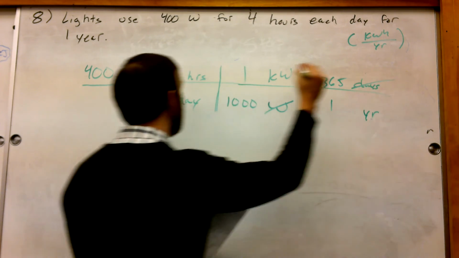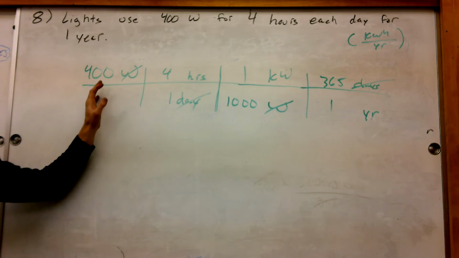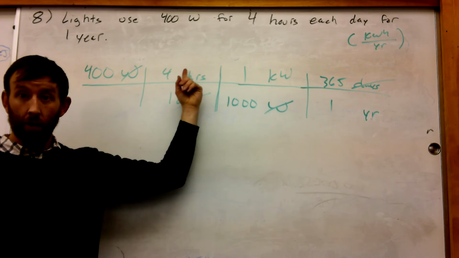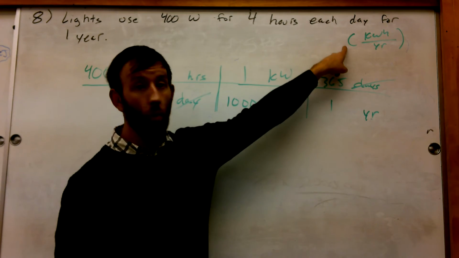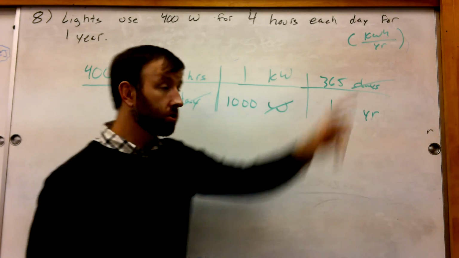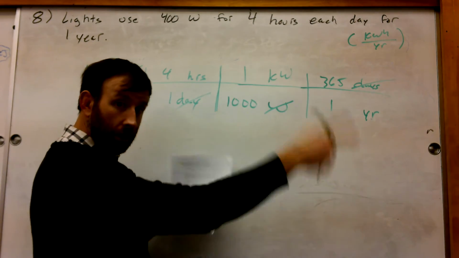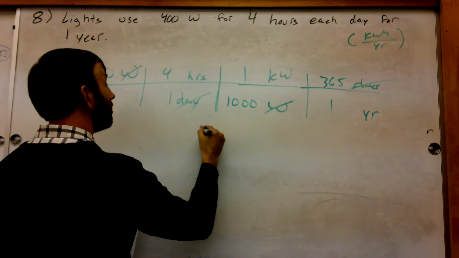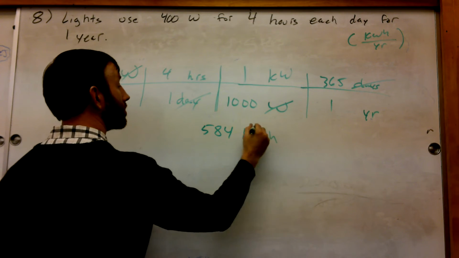Keeping track of my units again, I've got kilowatts times hours on top, year on the bottom, which is what I want in my answer. So now 400 times 4 times 365, divided by 1,000 equals 584 kilowatt hours.